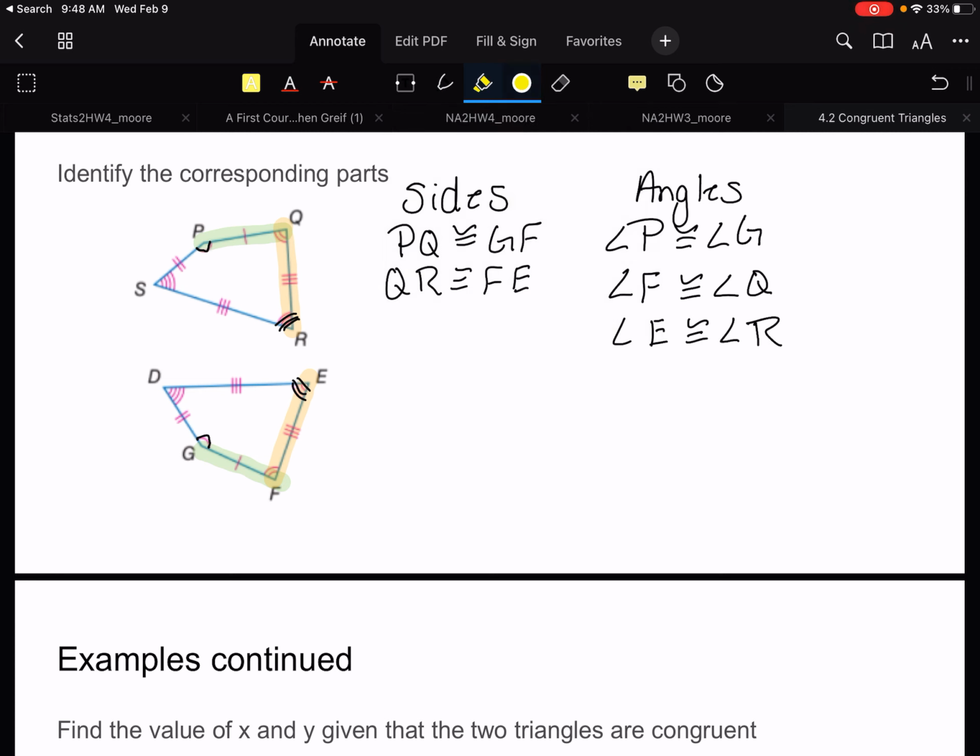Next one, go from my 3 arcs to my 4 arcs, so R to S. So 3 to 4 is E to D. And notice they both have 3 lines saying that they're congruent to each other. They both have those 3 dashes. So we said R and E are congruent, so S and D are congruent.